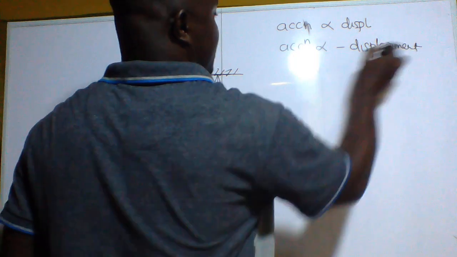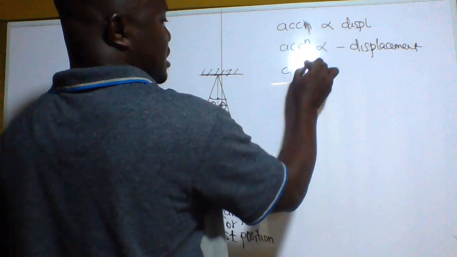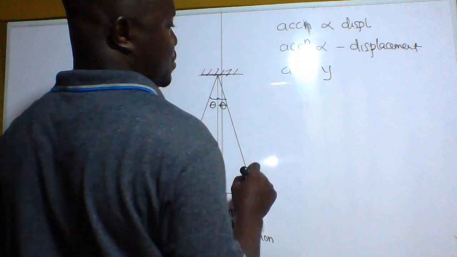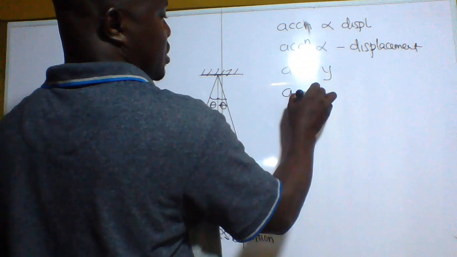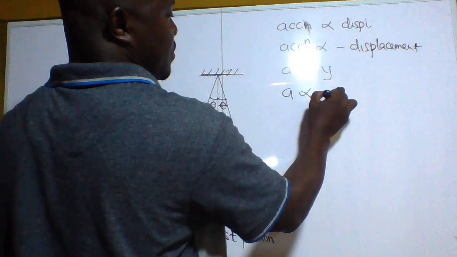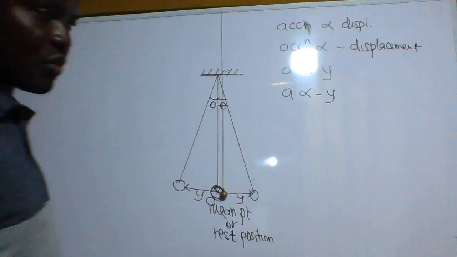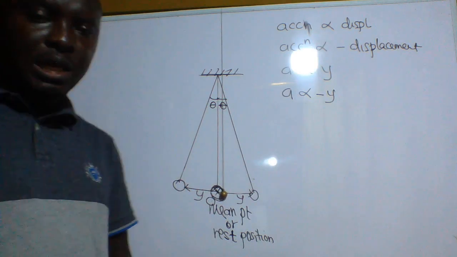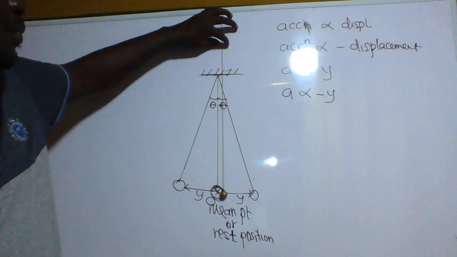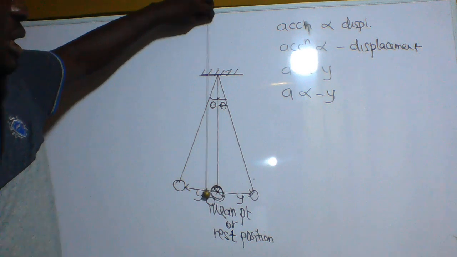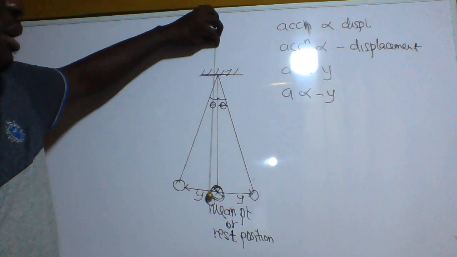So for SHM, its acceleration is directly proportional to displacement, and its acceleration is also always directed towards the fixed point. These are the key elements which define a simple harmonic motion.